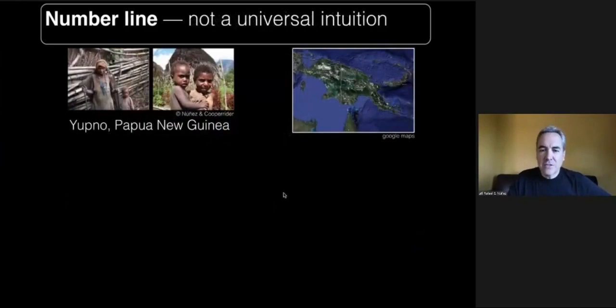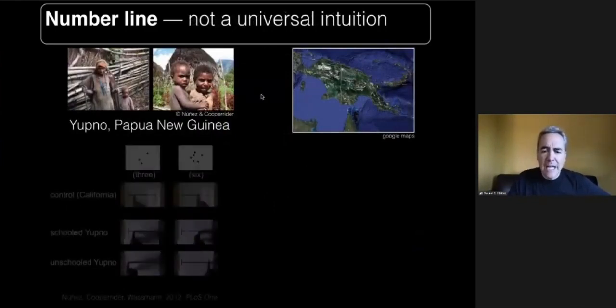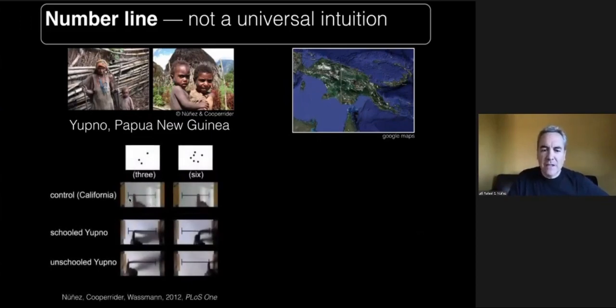So we did research to see, is this number line intuition universal? For example, we presented people from indigenous communities, this is now the Yupno, Papua New Guinea, with my colleagues Kensy Cooperrider and Jürg Fassmann, following the paradigm that others had done in the Amazon, with a line, and then tried to see, well, if you have 1 dot here and 10 dots here, where would you put this many dots, for example?